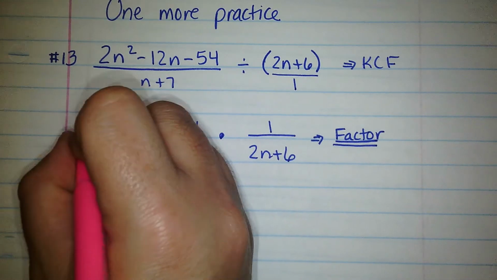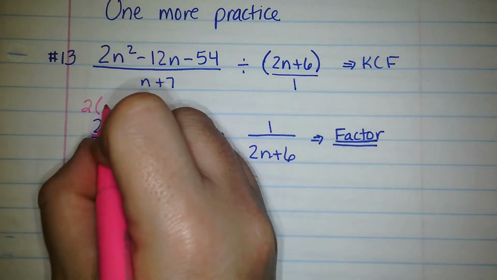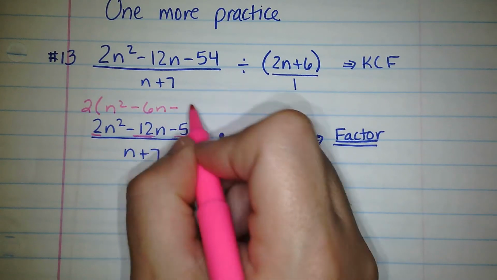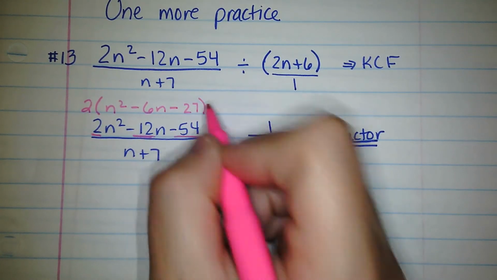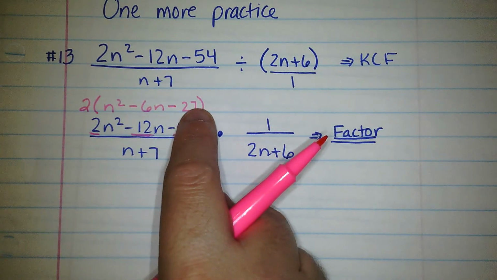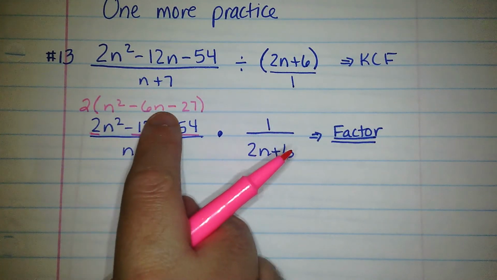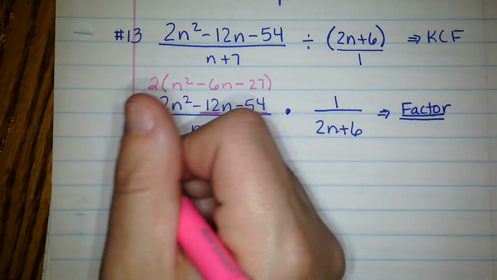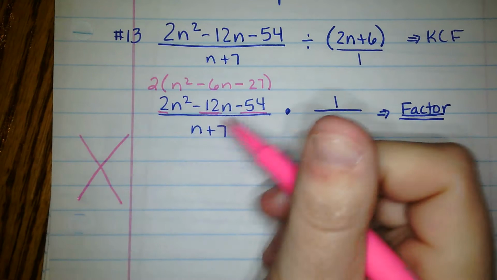So I'm going to take a 2 out first, and that's going to leave me with n squared minus 6n minus 27. Okay, so this is my first round of factoring. But do you see this trinomial on the inside? Oh yeah, we can do something with that. Over here on the side, I'm going to magic X this part.